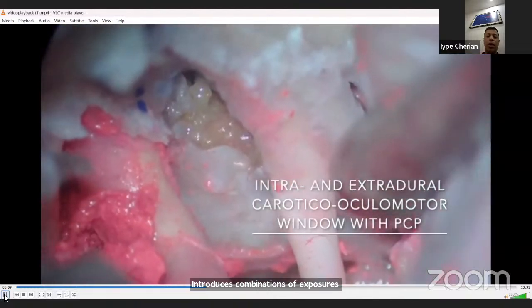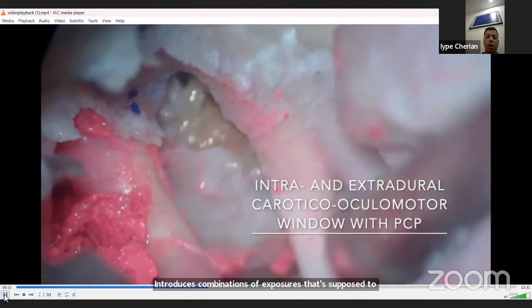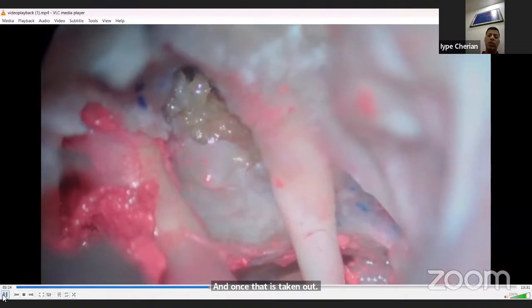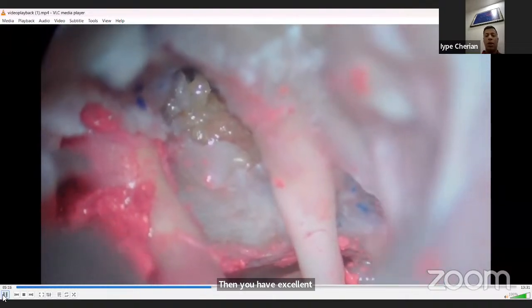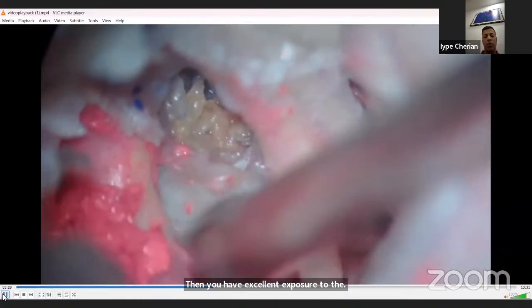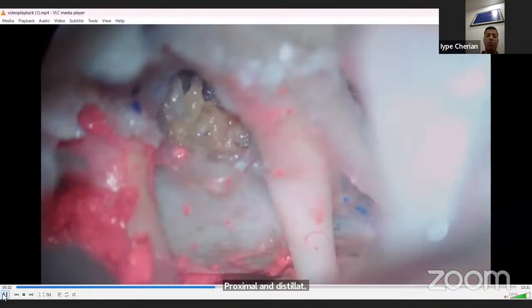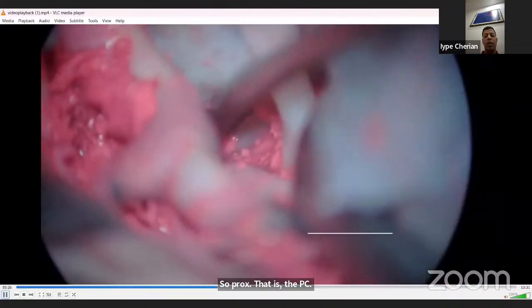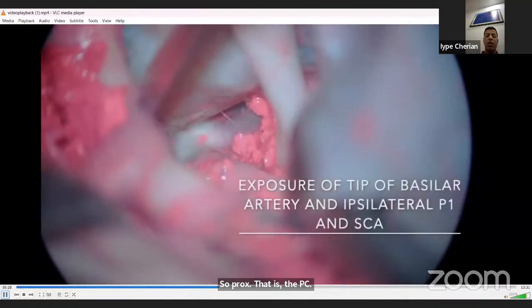That's the posterior clinoid process between the carotid and the third nerve. And once that is taken out, then you have excellent exposure to the proximal and distal basilar. So proximal, that's the PCP. You can take off the dura of the PCP and then drill the PCP.